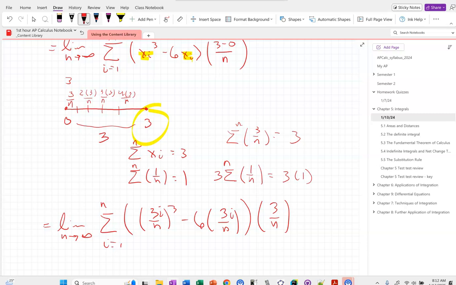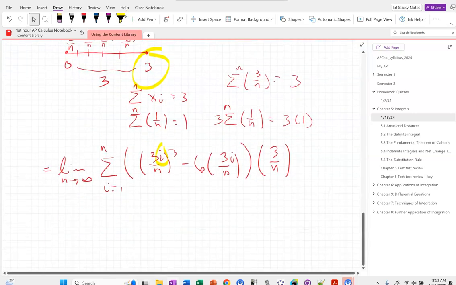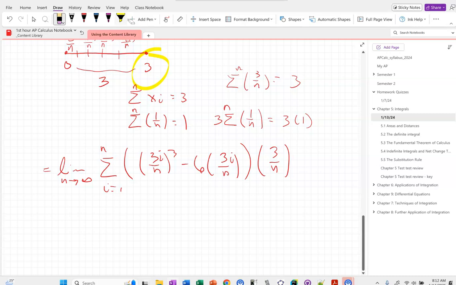Each subinterval is going up by 3 over n. That's why I've put the i there, because we're plugging in a new x each time, right? You guys see that? All right.